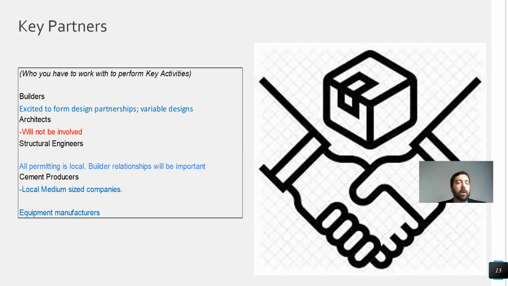But in this iteration and further iterations, we did identify that builders will be a key segment. Architects will not. We thought that coming in, that was a little odd. Structural engineers in local communities will be. And so we have a game plan of how we can sew together these key partnerships to move the business forward.